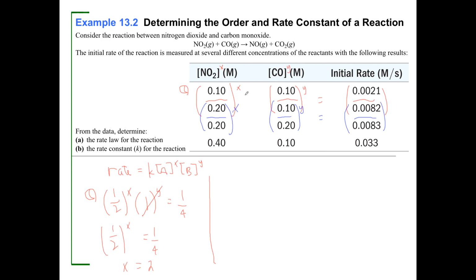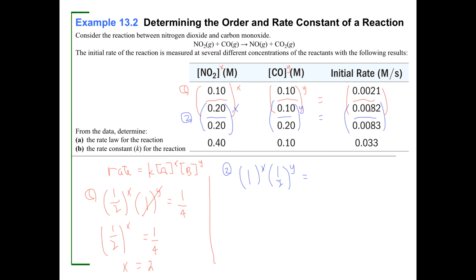Let's say this is part 2 here. So it looks like 1 raised to the x, which we know what x is, but it doesn't matter now, 1 squared is the same as 1, times 1/2 raised to the y gives me, and what's 0.0082 over 0.0083?